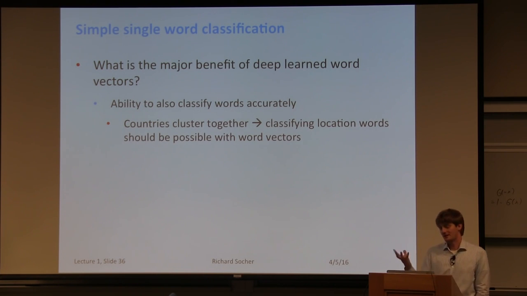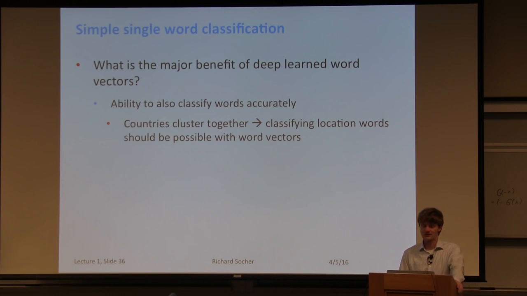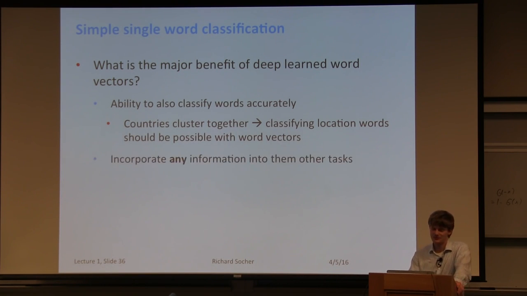Generally, the benefit that we get from these methods is that similar words will cluster together, and that will help us for downstream classification tasks. For instance, when we want to do named entity recognition, we want to classify locations.